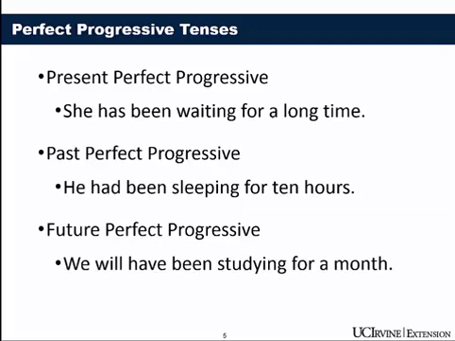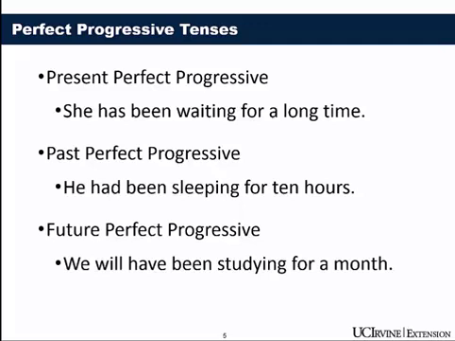Past perfect progressive shows that something was happening in the past and may have been going on before something else. He had been sleeping for 10 hours. That means that he was doing this action continuously for the duration of 10 hours. The focus is on the length of time that he did this.